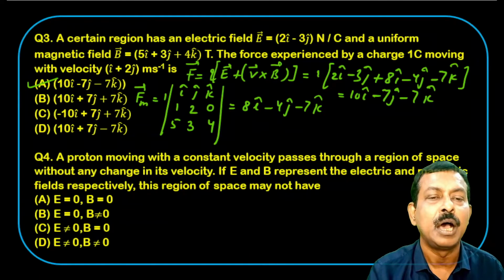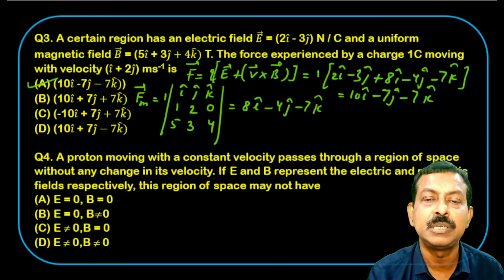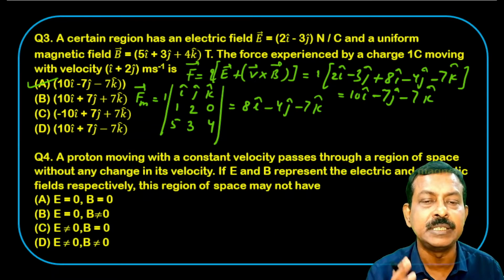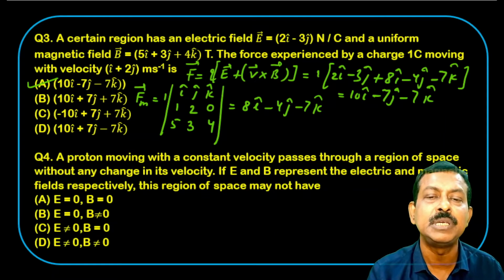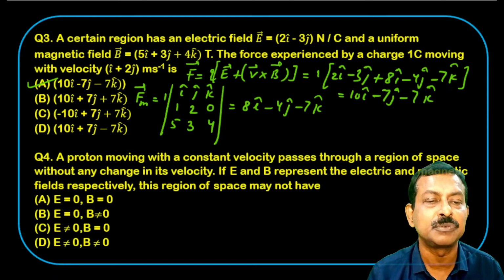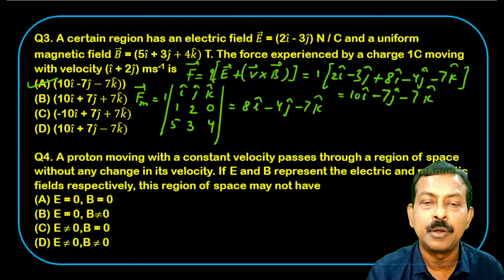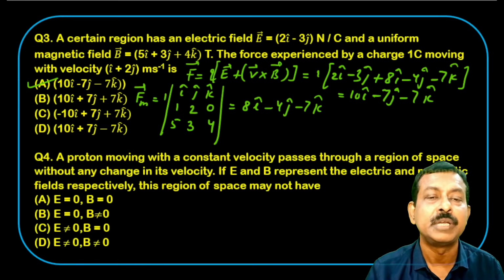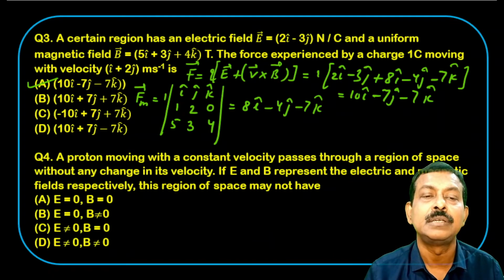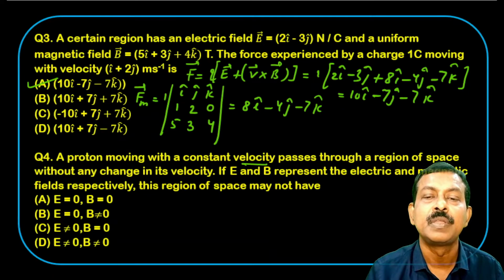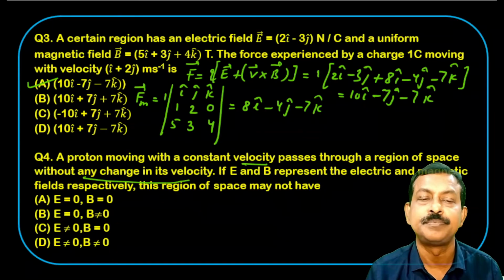Next question. A proton moving with a constant velocity passes through a region of space without any change in its velocity. If E and B represent the electric and magnetic field respectively, the region of the space may not have. Now here it is given that the proton moving with constant velocity passes through the region of electric and magnetic field without any change in velocity.